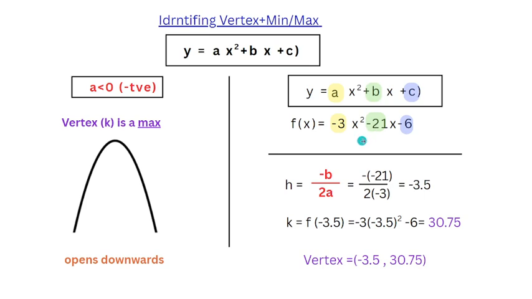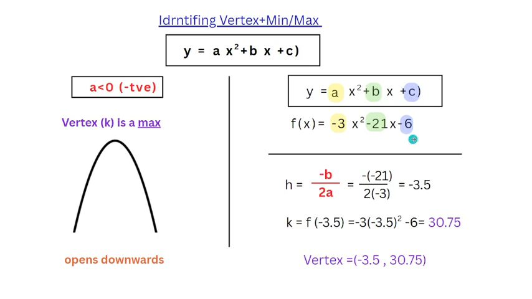Can we get anything else? Yes, from c we get the y-intercept: the parabola intercepts the y-axis at the point (0, minus 6).